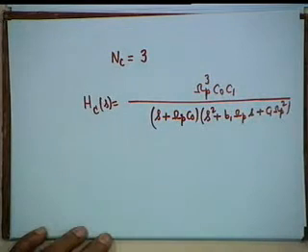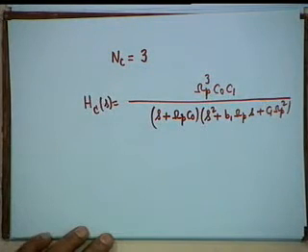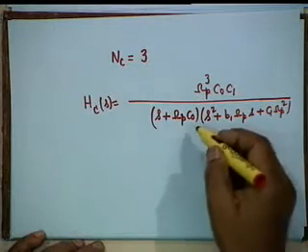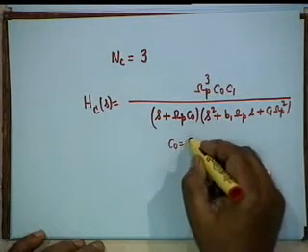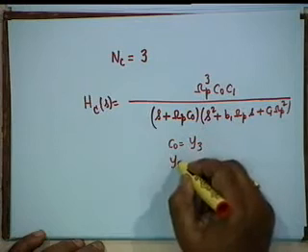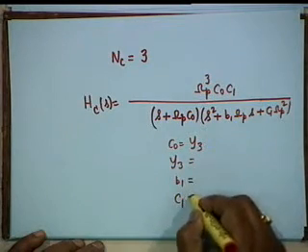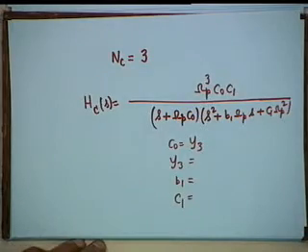No factor involving epsilon is needed because the DC value is 1. For odd order the magnitude starts from 1, and you can calculate C0 is y3. So you calculate y3, you calculate b1, you calculate c1, and you have obtained what you wanted.